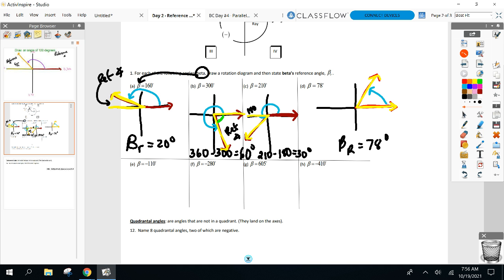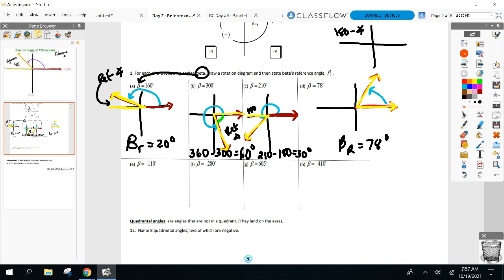Okay, any questions about the 4 quadrants? What do I need to do in the 4 quadrants? Now look, I'll give you this. If you want to use it, fine. But I think most of you could just look at the diagram and find the reference angle by yourself. But if you want rules to find the reference angle: if you're in quadrant 2, you do 180 minus the angle you're graphing. That's what we did here.